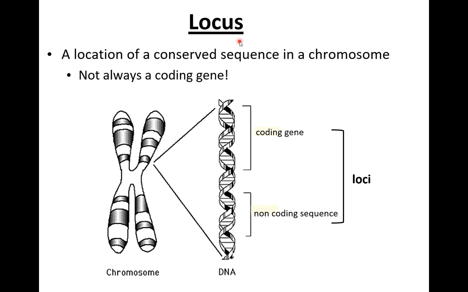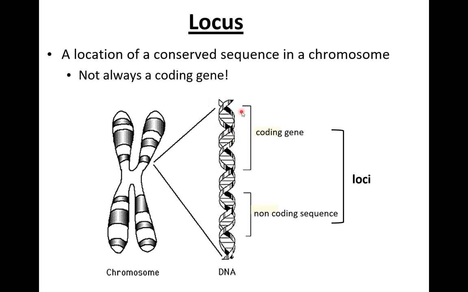You do that by studying some specific loci, which are called variable number of tandem repeats. Before we talk about variable number of tandem repeats, let's talk about loci. Loci is the plural of locus. Locus means any sequence in the genome that is conserved.